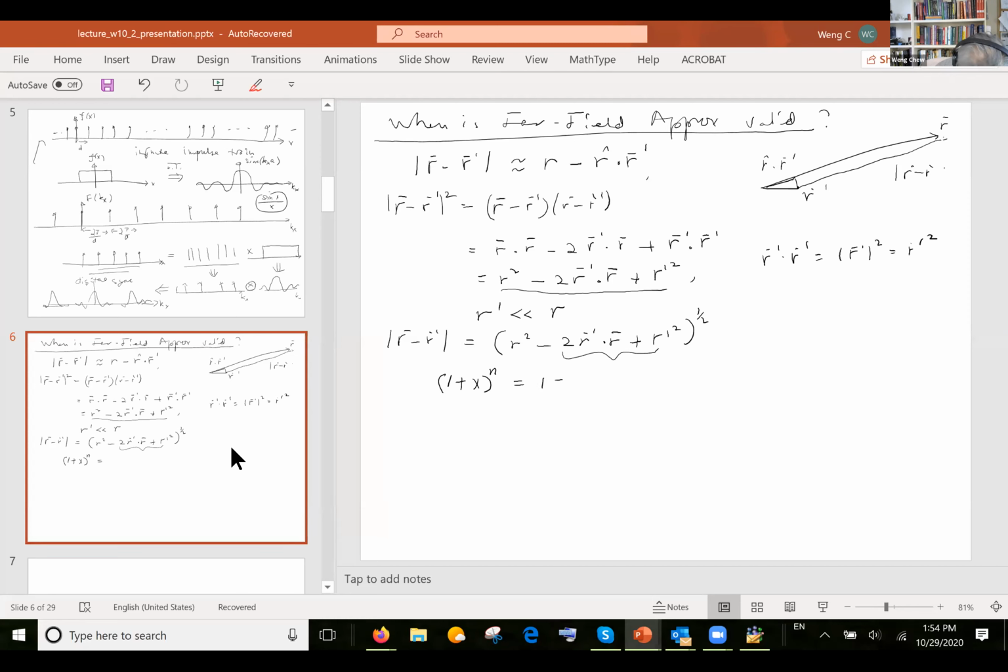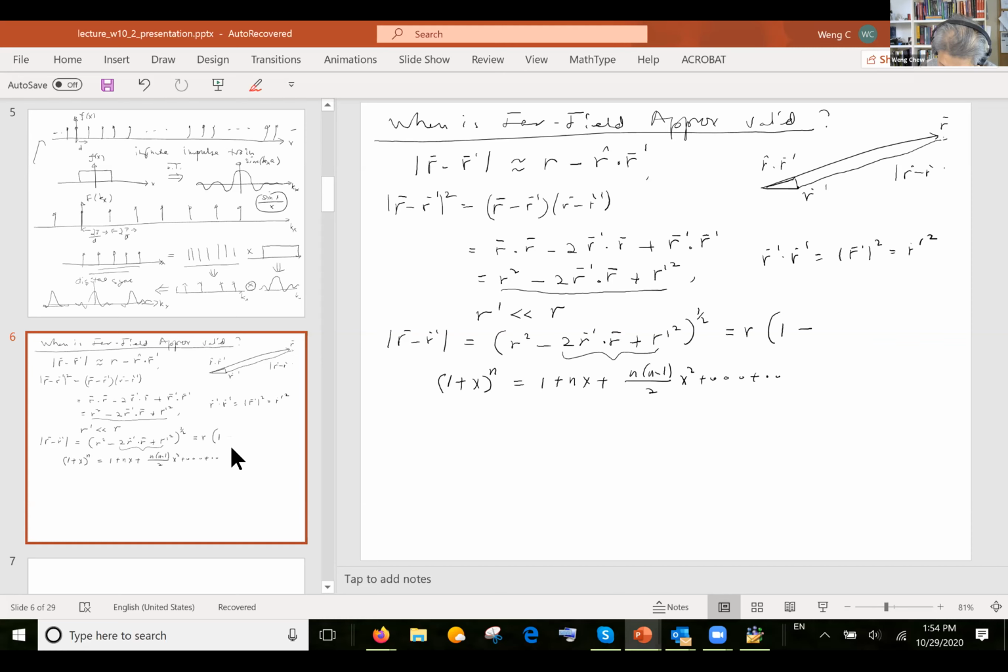It will be 1 plus nx plus n times n minus 1 over 2 x squared plus some higher order terms. If you know how to do Taylor series expansion, you would know how to do that. So I can write this in this manner, so that I take out the r squared, and outside it will just become this.